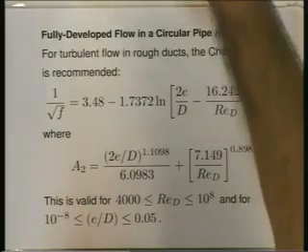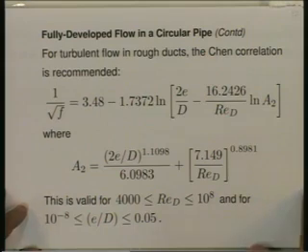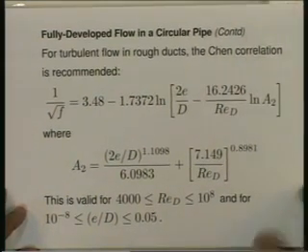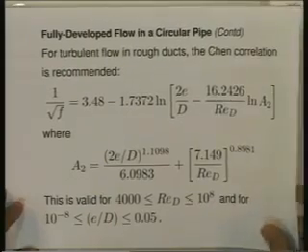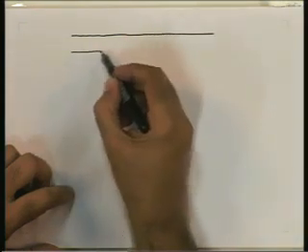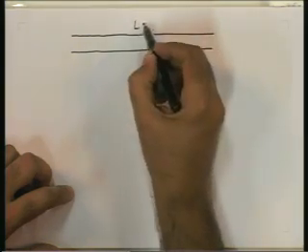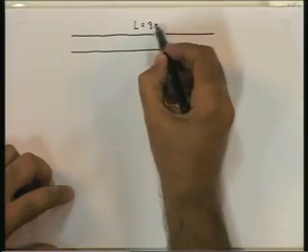Now, we are in a position to solve a simple problem so that we rekindle our ideas of fluid flow through ducts. The problem which we are going to look at is as follows. We have a straight duct with a circular cross section of length 3 meters.